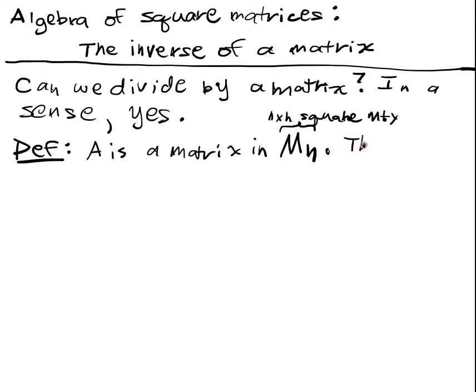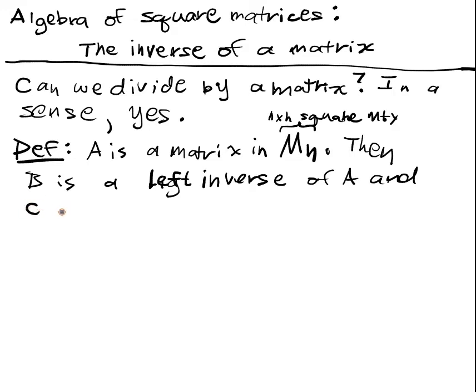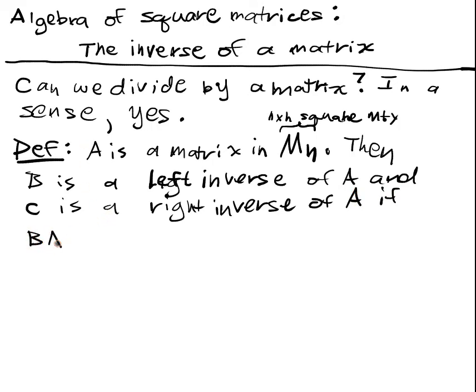Then B is a left inverse of A, and C is a right inverse of A if BA is equal to the N by N identity, and AC is also equal to the identity.